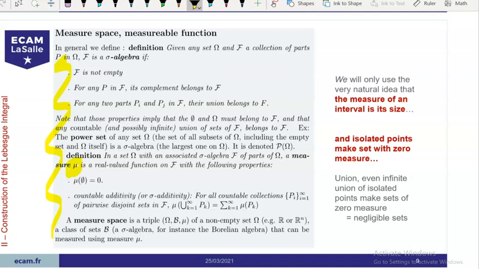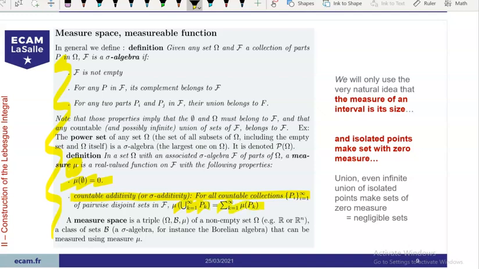And we want that if you're measuring the empty set, of course, it's going to be 0. And the important thing is that for countable collections, if you've got a collection of sets that you can count, the measure of the union is the sum of the measures.